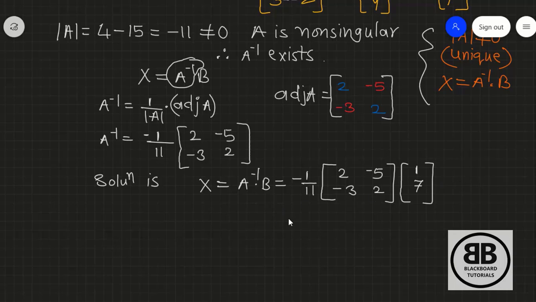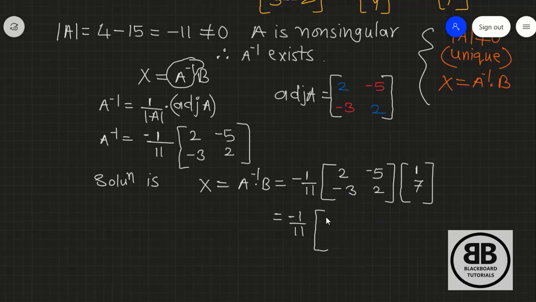Now the product: A is a 2 by 2 matrix and B is a 2 by 1 matrix, so the resultant matrix will be 2 by 1.